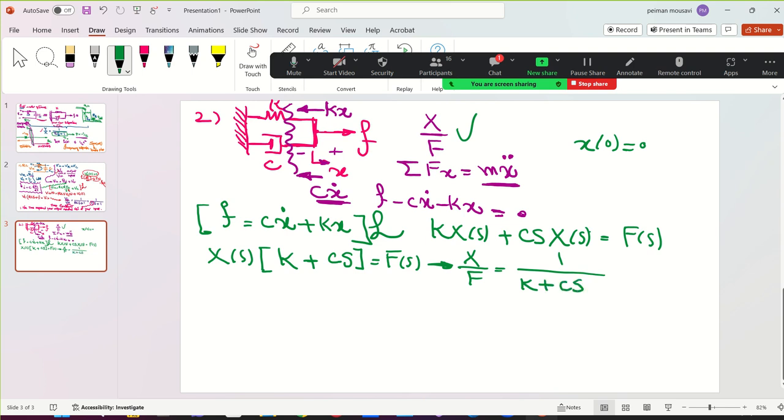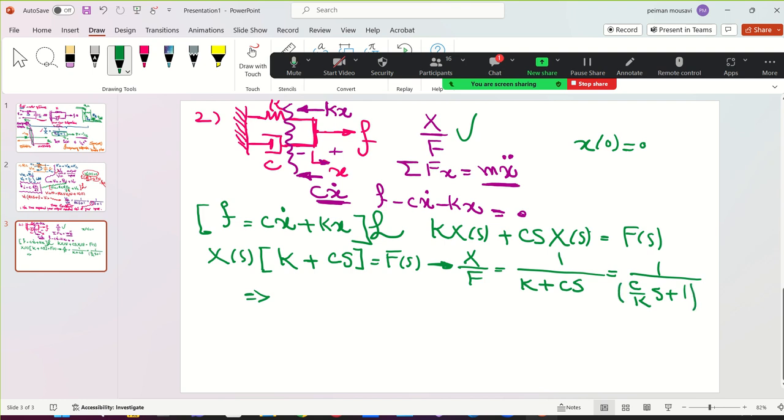Now what I'm going to do is just factor out k from this. I'm going to say c over k s plus 1. Right? See what I'm saying? Can I do that?